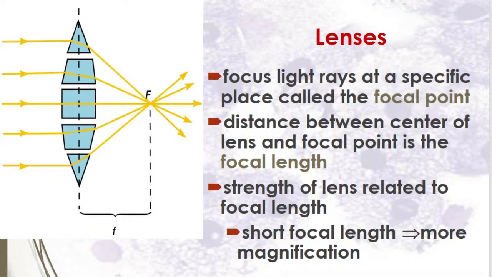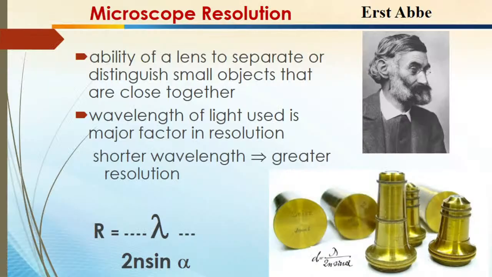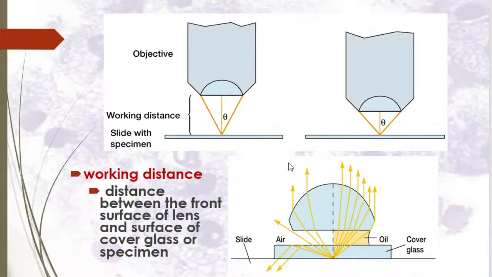Example: short focal length, more magnification, and short wavelength, great resolution. Example about the structure between the objective lens and objects. This is the angle. This angle can be changed as an effect of the environment.